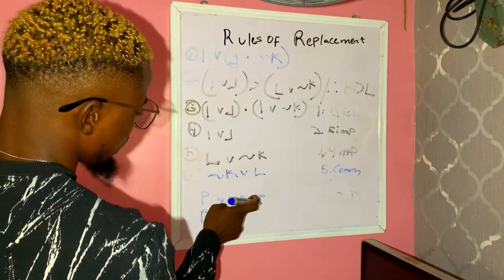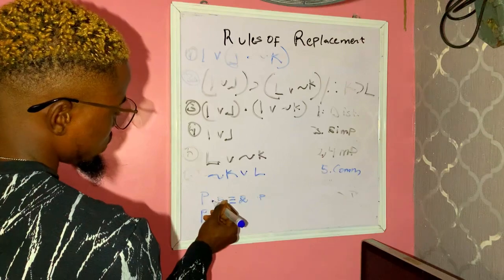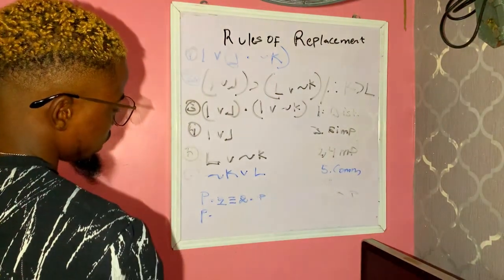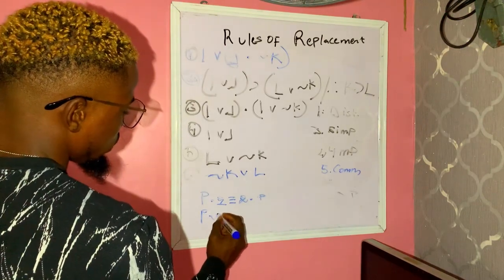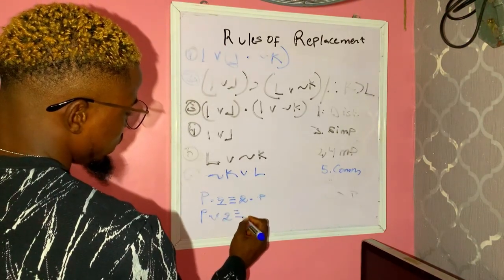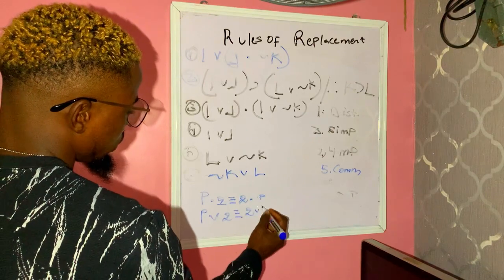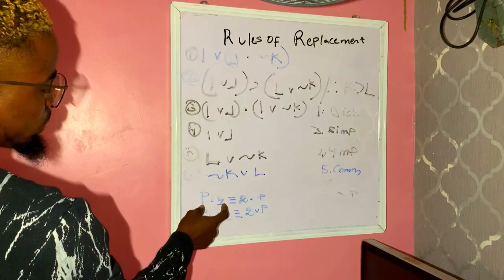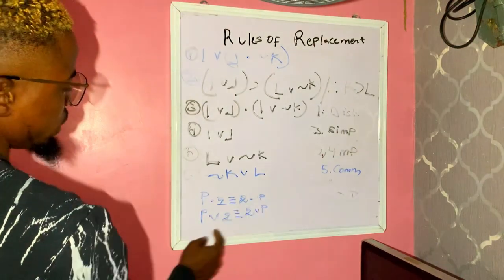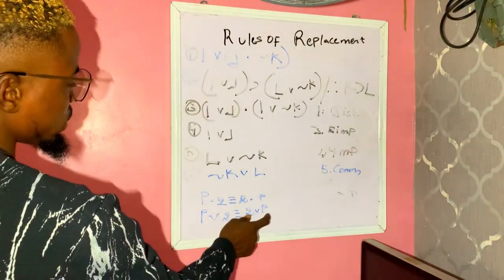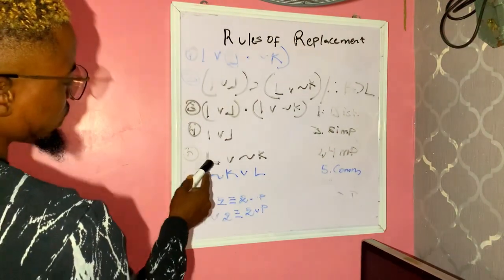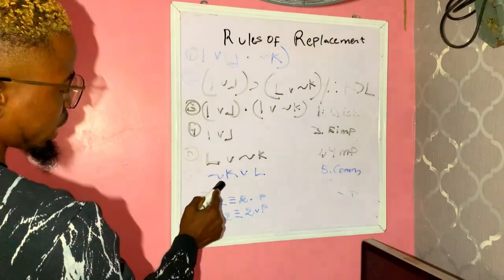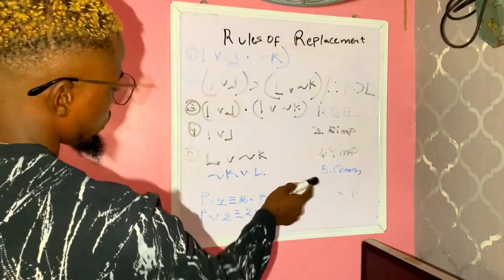And if you also have P or Q, you can replace it with Q or P. So the rule of commutation is saying that if you have P and Q, you can replace it with Q and P. And if you also have P or Q, you can replace it with Q or P. So here I have L or negation K. So I replaced it with negation K or L. So 5 commutation.